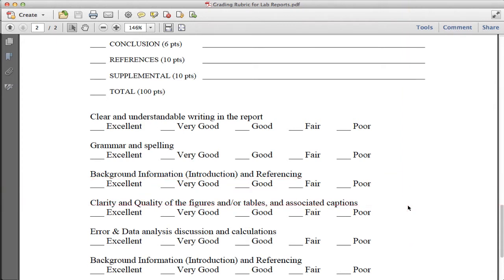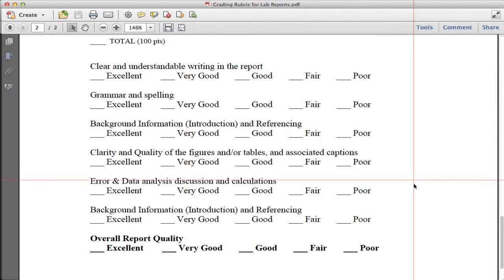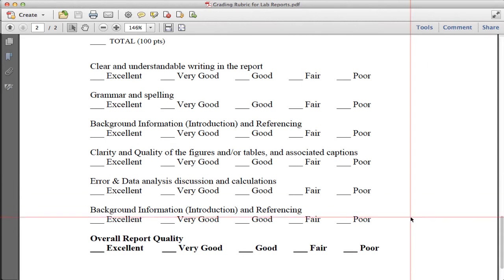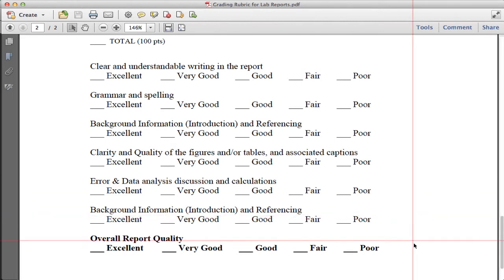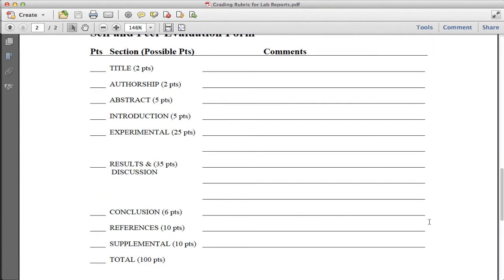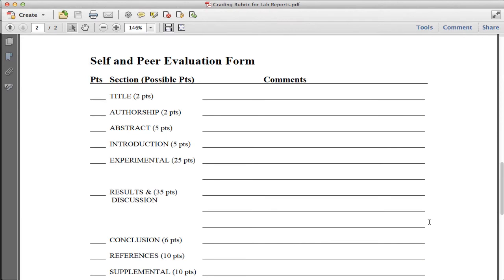Is the clarity and quality of the figures and tables appropriate? Do you have appropriate error and data analysis and example calculations or full calculations of the results? And did you provide good referencing? So you are going to do a lot of self and peer evaluations, as well as where the TAs and myself use this type of rubric for grading.